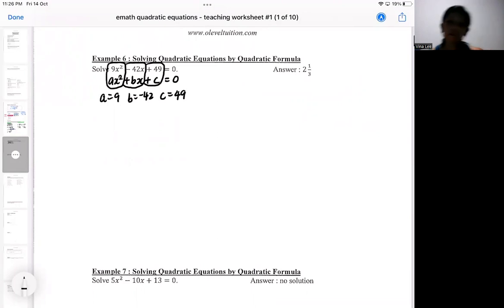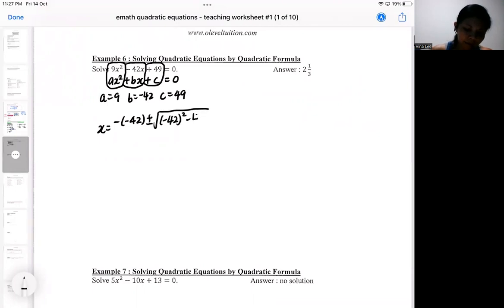So repeat the same thing. Okay, if you think you're okay with not writing the formula, that's fine. So just make sure you put in carefully.